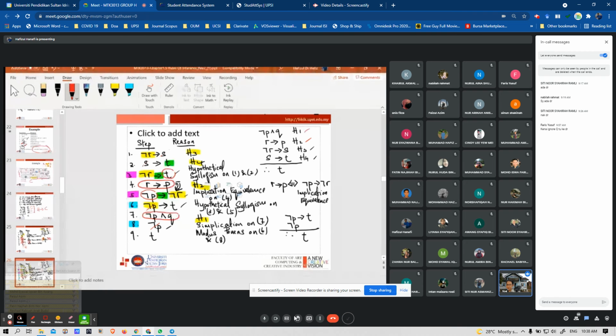Okay, this one is the same if we go by R implies P. For H2, it is equivalent to negate P implies negate R. This one is implication equivalence.